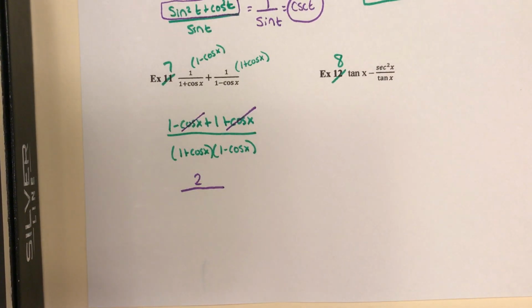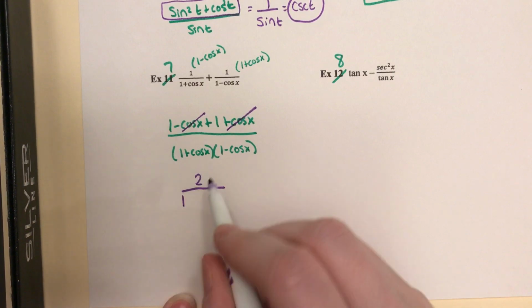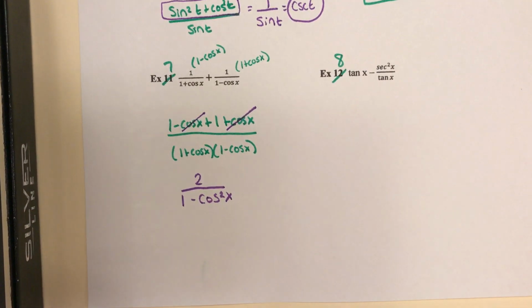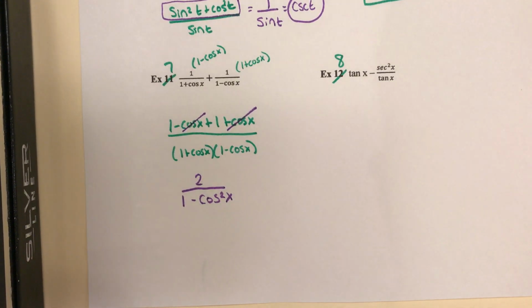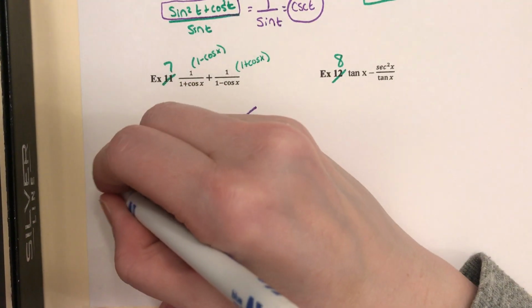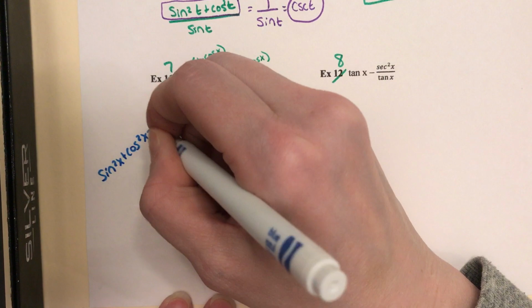Now on the bottom, I could try to FOIL that and see if that does anything for me. So first would give me 1. Outer and inner would cancel. Last would be minus cosine squared. Now I see a cosine squared. So on my formula sheet, I know that sine squared plus cosine squared equals 1.